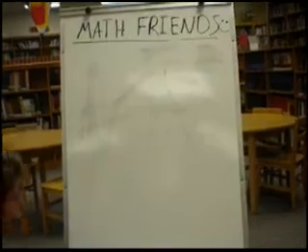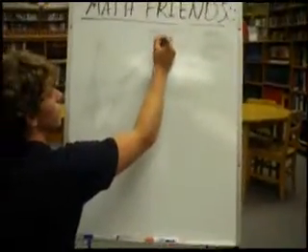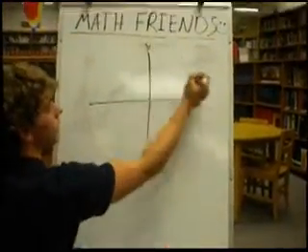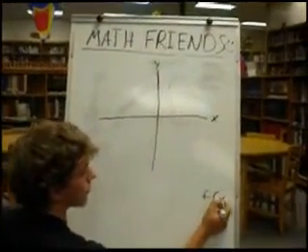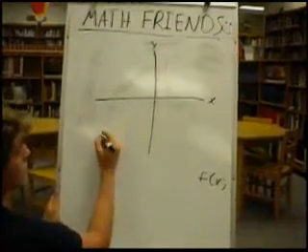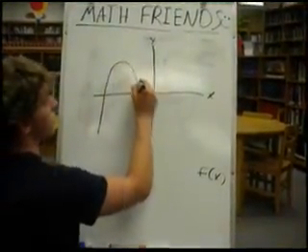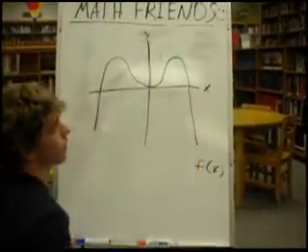I'm going to draw another xy axis. Y, x. I'm going to draw f of x. And that function will be a little different. It's going to look kind of like an M. Go up, it can curve, go down, and curve again, go up, and come down.